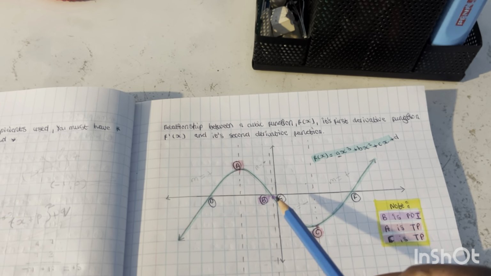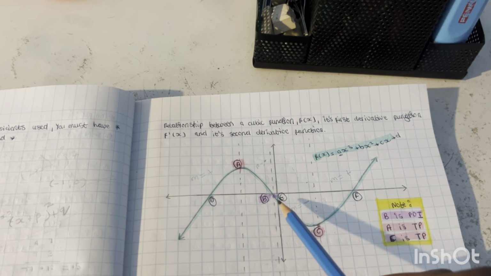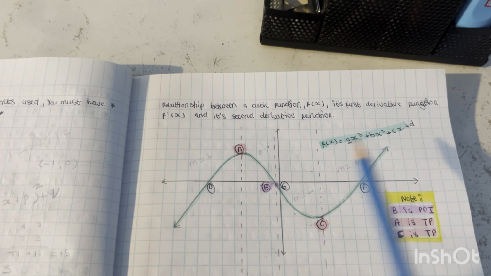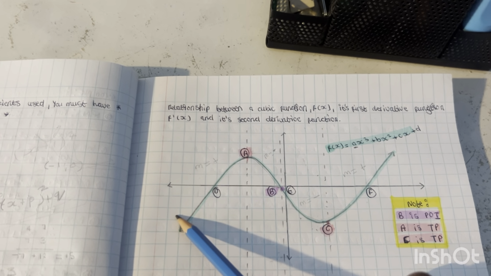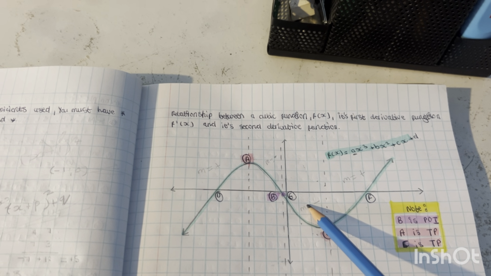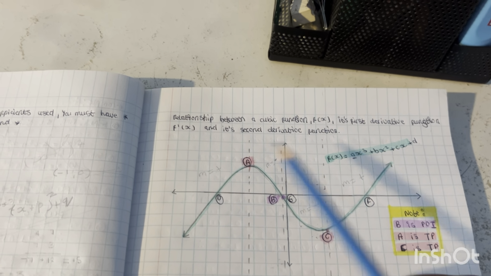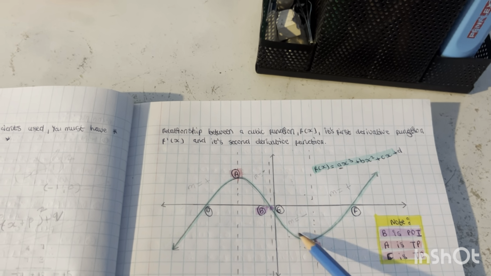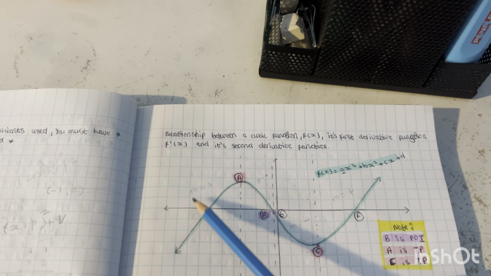What else do we know? We know that the point of inflection is our maximum or minimum gradient. Here we can tell these gradients are positive, and these gradients are negative. It can't be our maximum, because from here to here all the gradients are negative, and here they're positive.